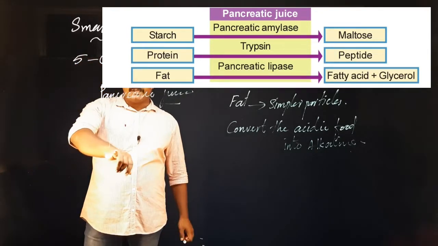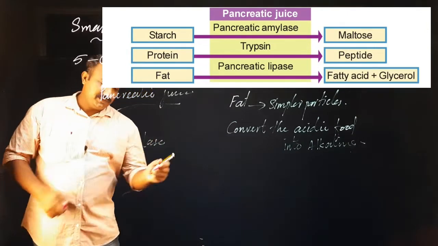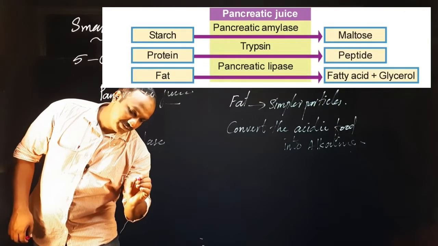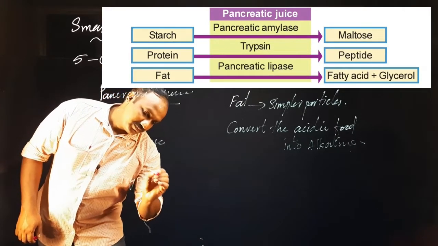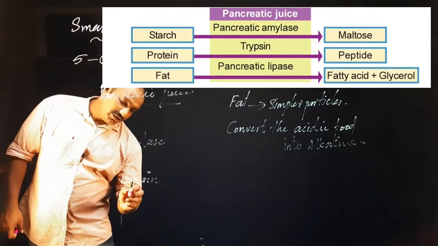Short form only is written. Look, pancreatic amylase, first one. Then another one, trypsin.